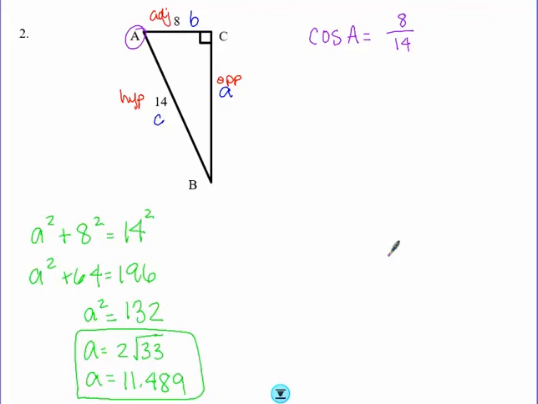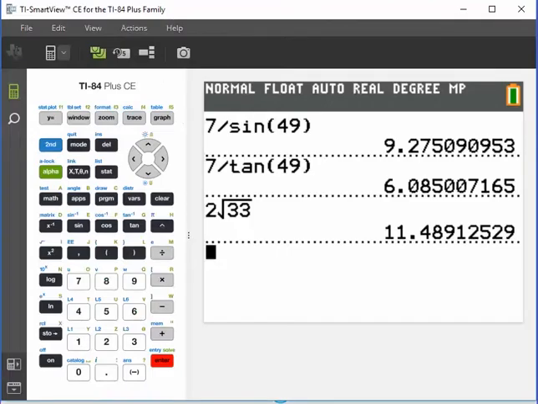To solve this, you need to use inverse cosine. So if I do the inverse cosine of both sides, then I end up with measure of angle A equals inverse cosine of 8 over 14. So then I put that in the calculator.